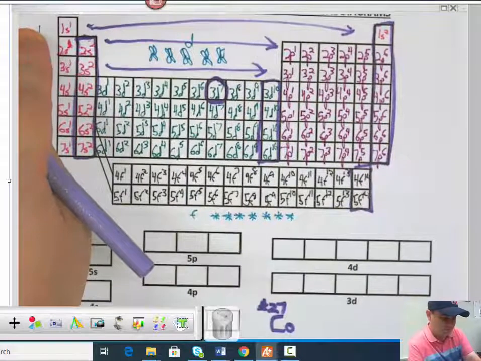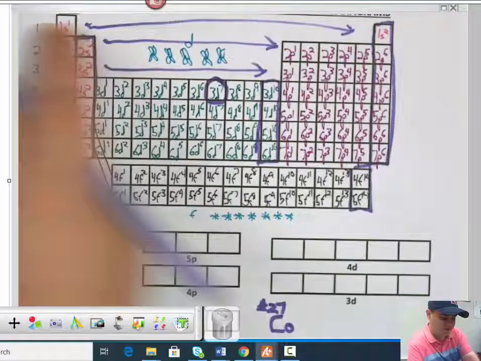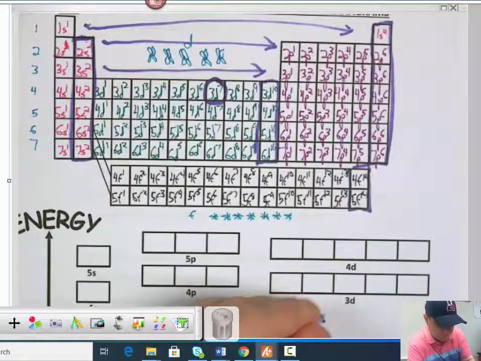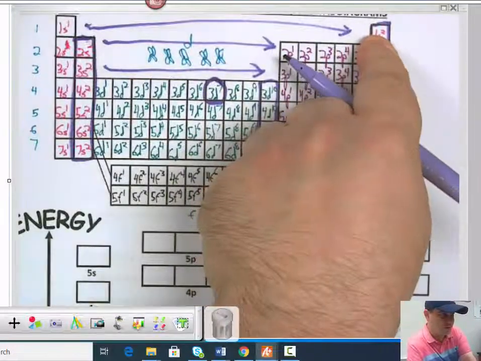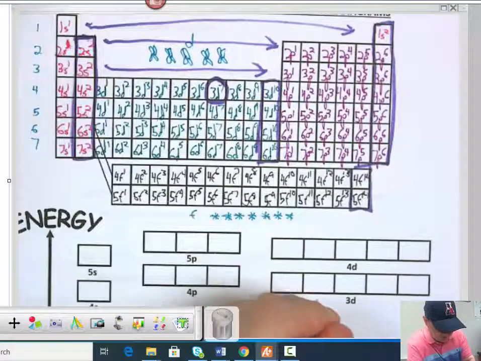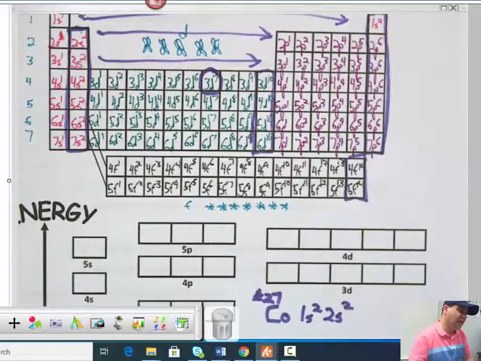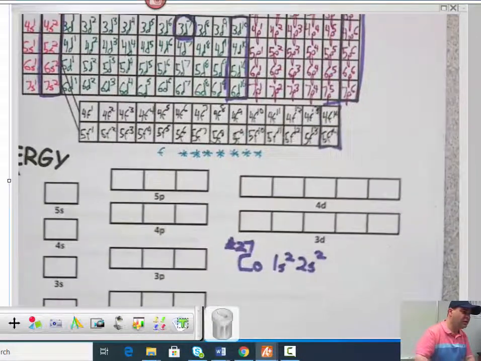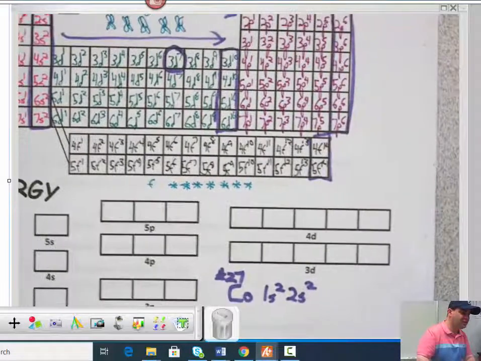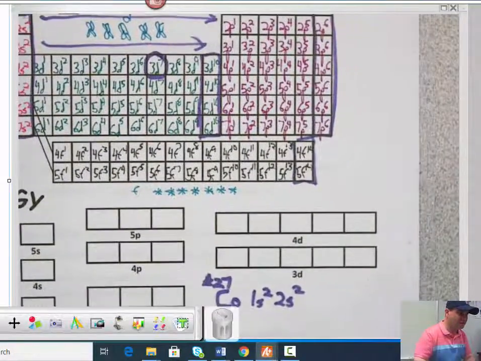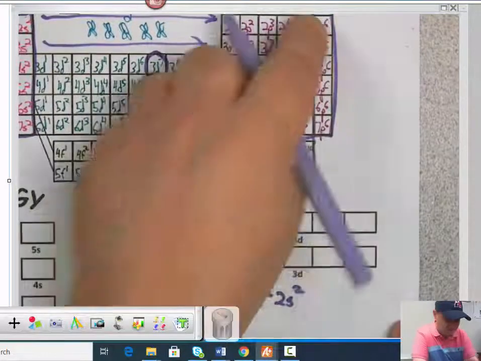We have to start with the first filled orbital that we come across, which is the 1s2, and then we go to the next filled orbital. After element 2, we do element number 4, 2s2. Then we go to the next filled orbital, which is 2p6.